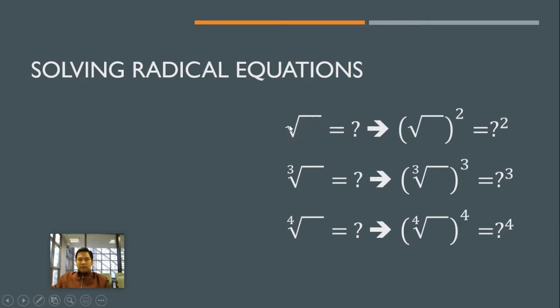Remember that radicals are also referred to as powers, but they're usually powers which are fractions. Square root refers to an exponent of 1 half. Cube root refers to an exponent of 1/3. Fourth root is an exponent of 1/4.